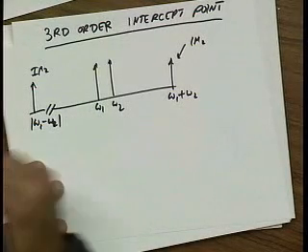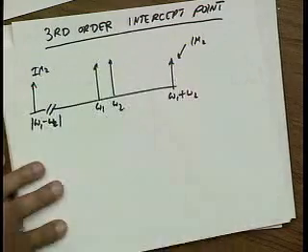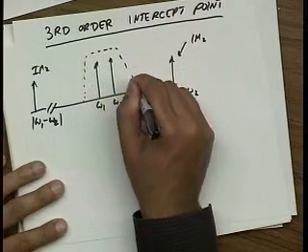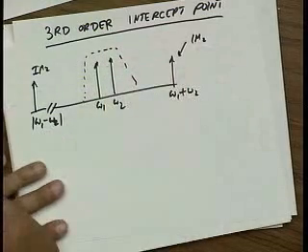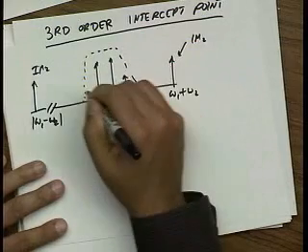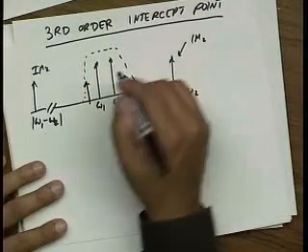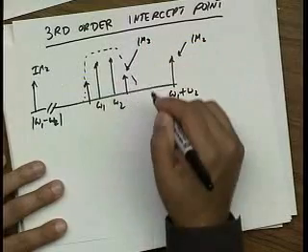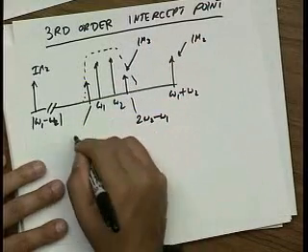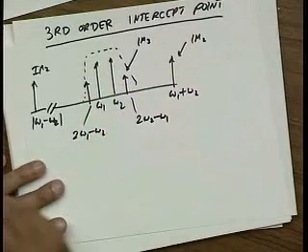Okay. These are pretty disparate frequencies. If I have a narrowband system, I could put a filter here and get rid of these tones. But IM3, as we discovered, falls very close. So my IM3 tones are at frequencies 2 omega 2 minus omega 1 and 2 omega 1 minus omega 2.